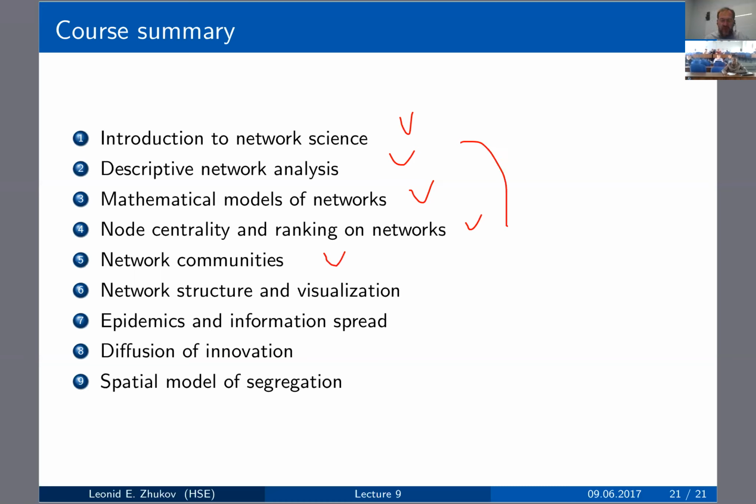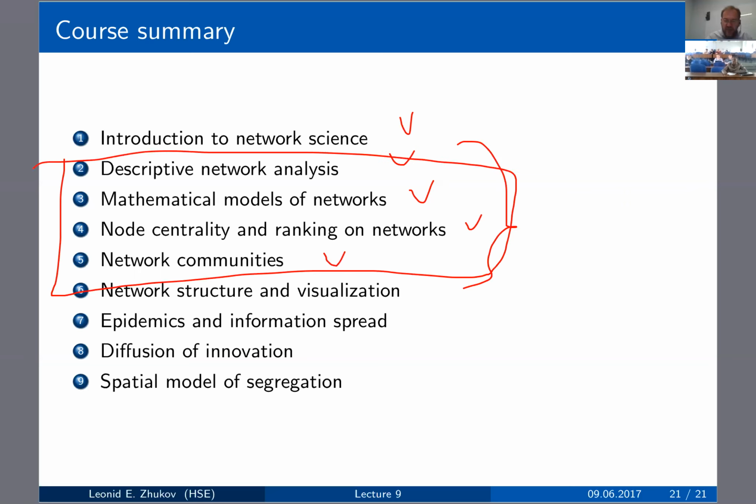All these lectures were about describing network structure. There was also one on network structure and visualization, about connectivity patterns and overall network structure, and how to present it, analyze it, and understand it.